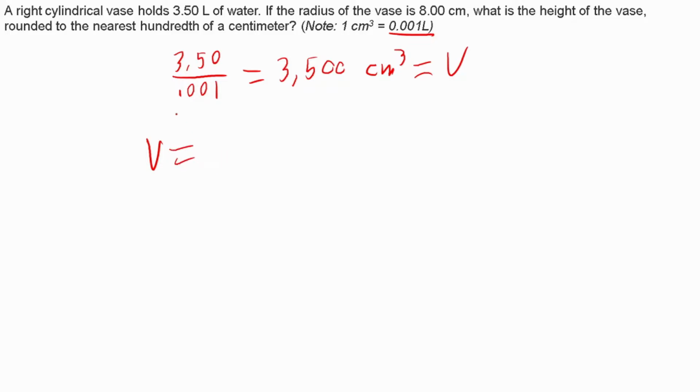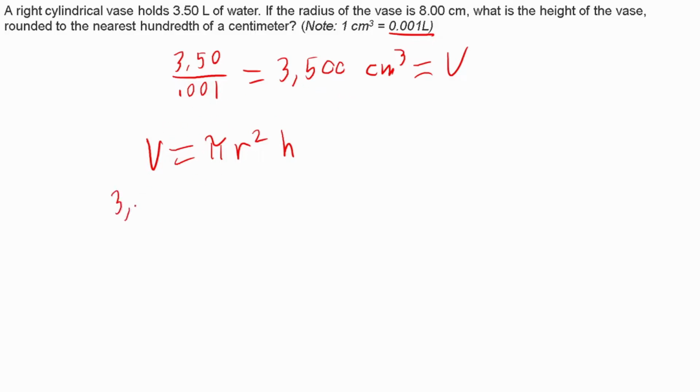So one thing we need to do is write, hey, what is the volume of this cylinder? Well, it's just like what we did on our last slide. It's pi r squared h. So pi r squared h. Now let's plug in the numbers we know. We know my volume.